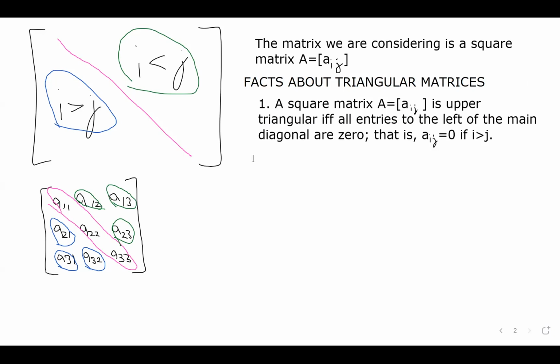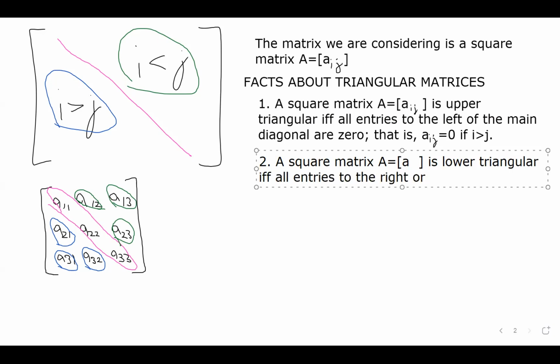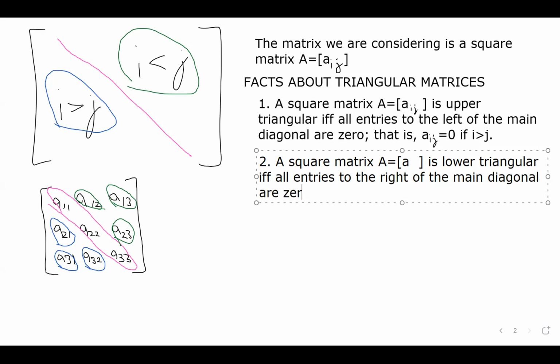Okay, the second fact, fact 2: a square matrix, capital A, the same square matrix, capital A equals little a sub ij, is lower triangular if and only if all entries to the right of the main diagonal are 0.